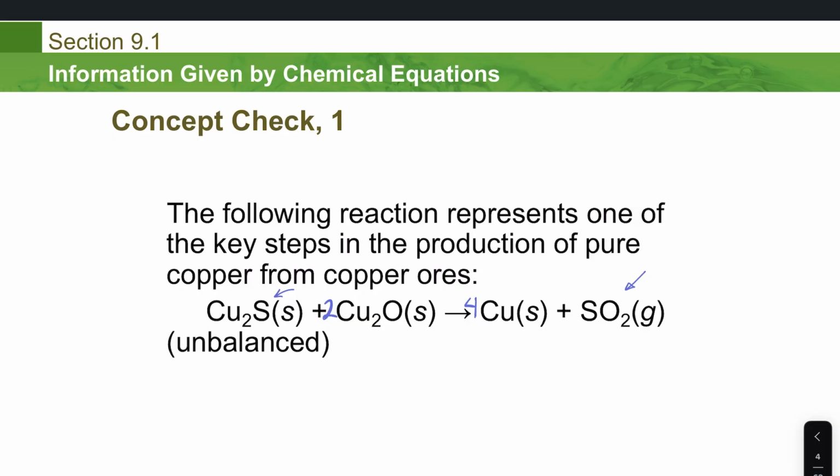That is going to change the amount of coppers that I have on the right-hand side, but it will correct the amount of oxygens that I have on the right-hand side. So now that we have 4 coppers and 2 coppers, we're going to add those together to make a 6 right there. Okay. So this is our balanced equation. It's a 1 to 2 to 6 ratio present there.